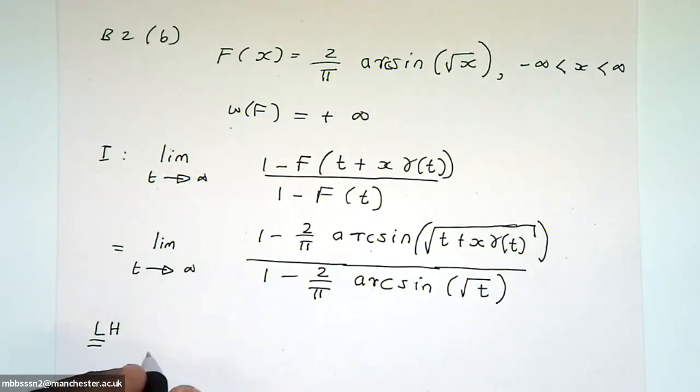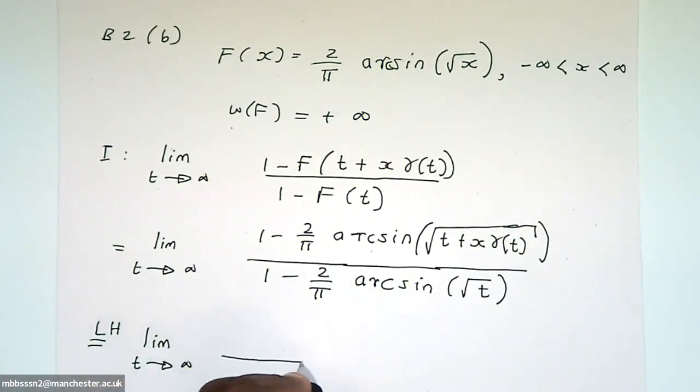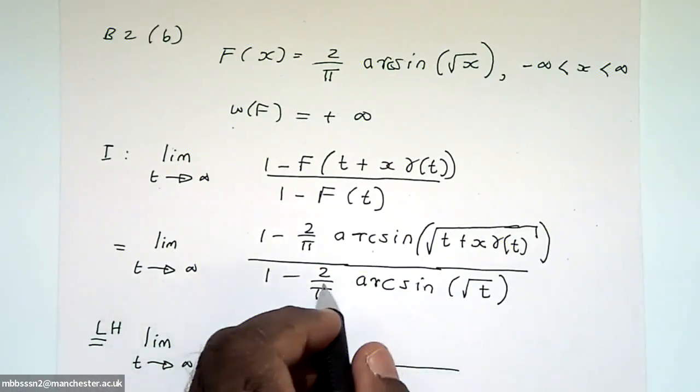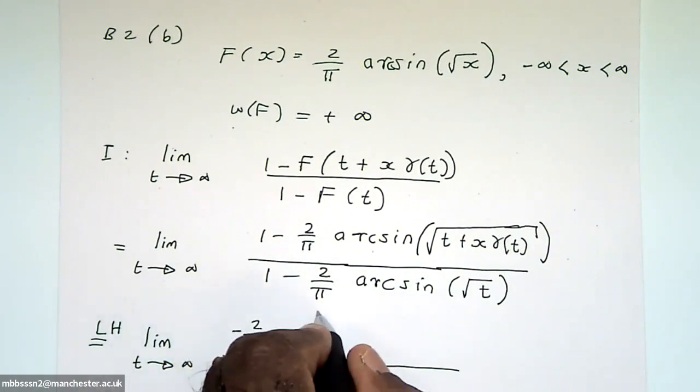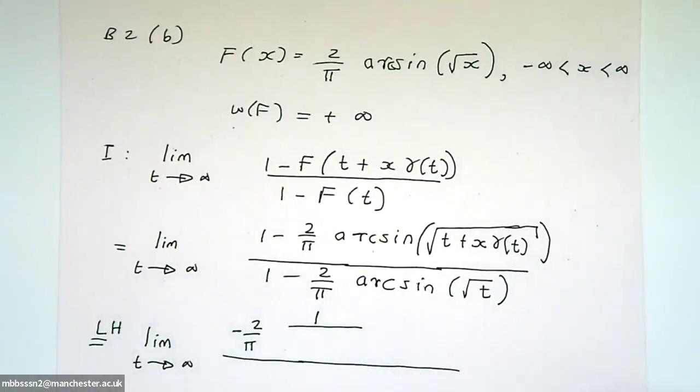You differentiate the top, you get minus 2 over pi times the derivative of arcsine, which is 1 over square root of 1 minus x squared.